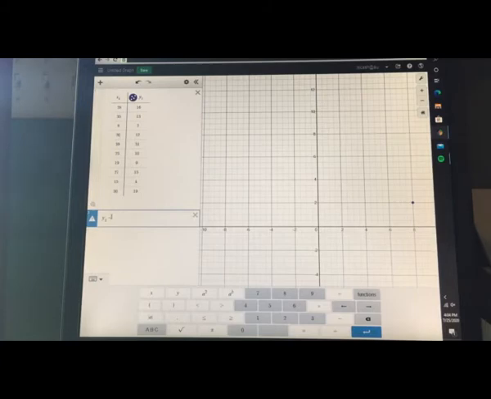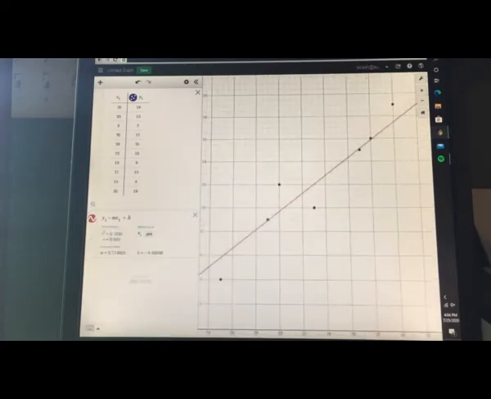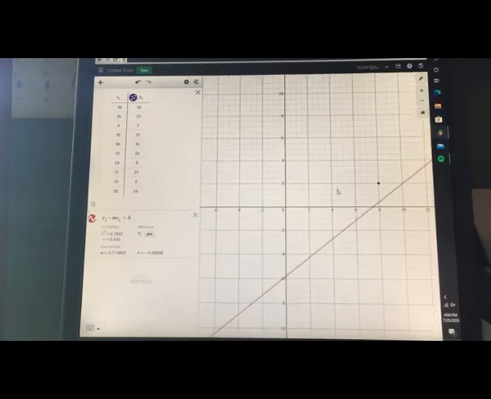So y1 tilde, and then we're going to type m times x1 plus b. Okay, now you can see there that Desmos has kind of drawn a line of best fit, kind of like I did on that graph earlier. So it draws the line of best fit for you.